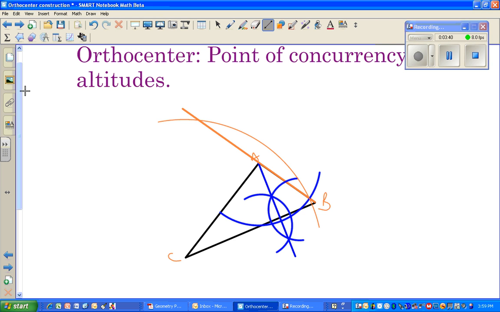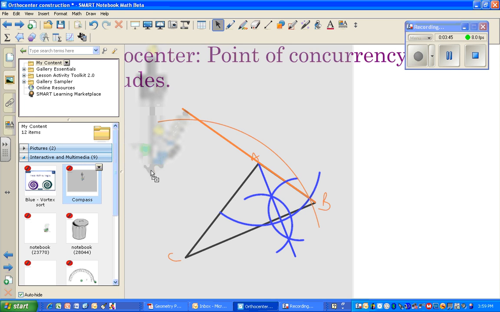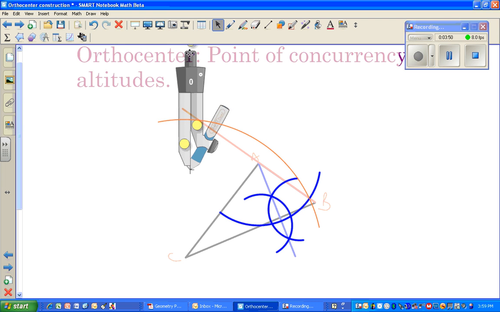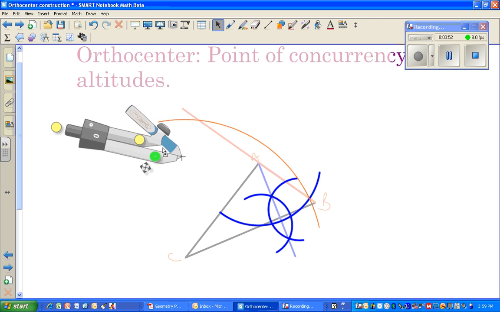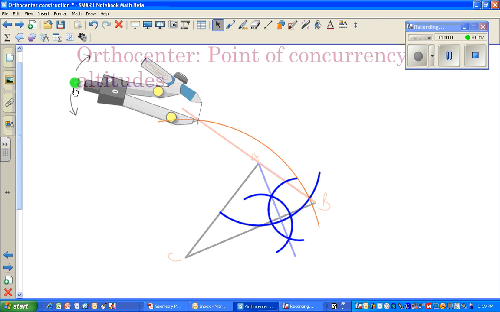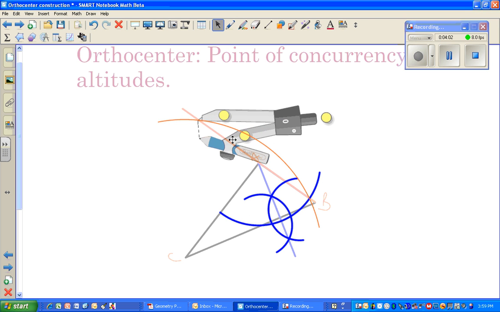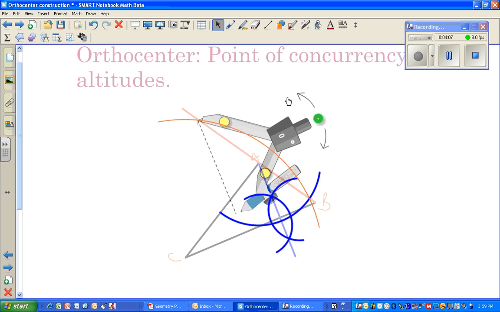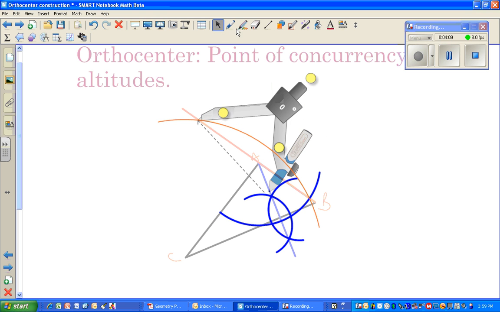Now I'm going to do the perpendicular bisector of that segment. It's made by my orange smile this time. So I'm going to pivot on one side. I'm going to swing an arc clearly more than halfway. I'm going to swing above and below.